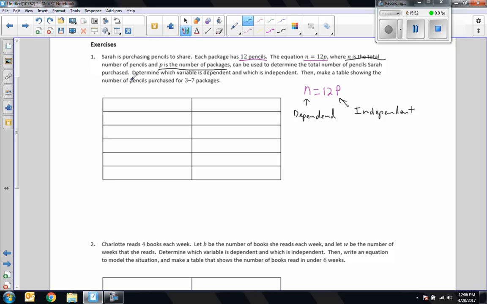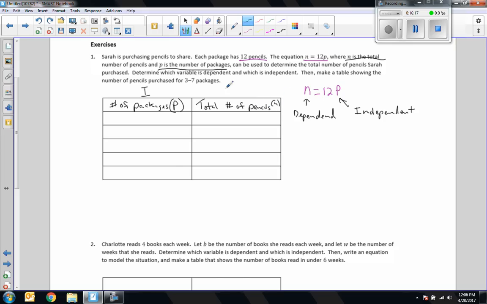Then make a table to show the number of pencils purchased for 3 through 7 packages. Okay, so here I'm going to put the number of packages, P, and this is going to be total number of pencils. And that is going to be n.